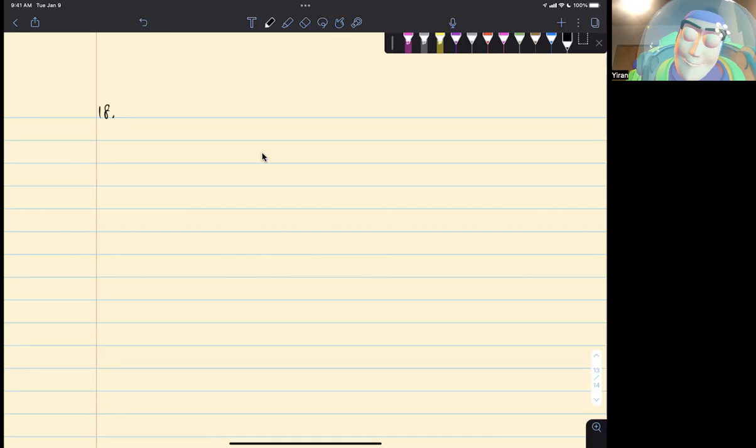from j equal to 1 all the way to n of X_j. And notice that in the proof we need to use the concept of open sets and closed sets.